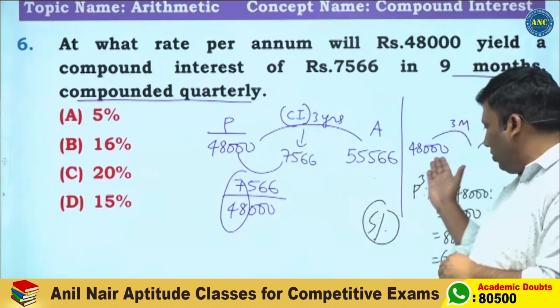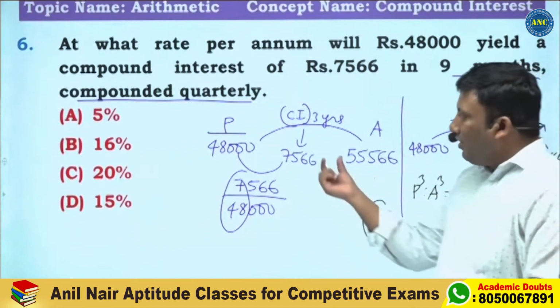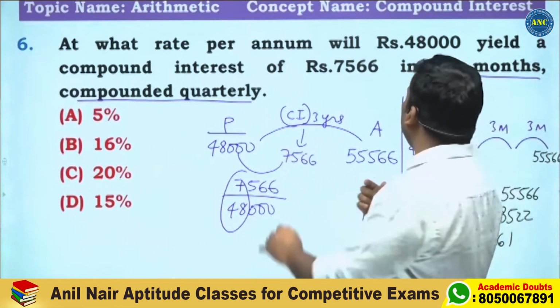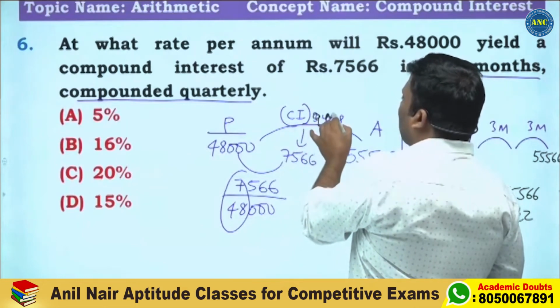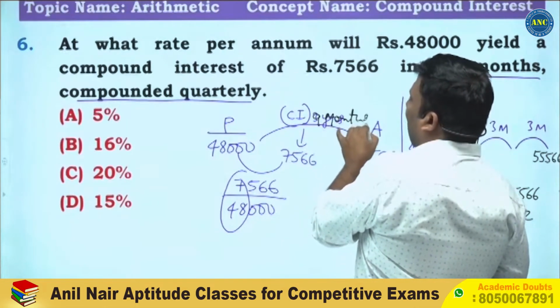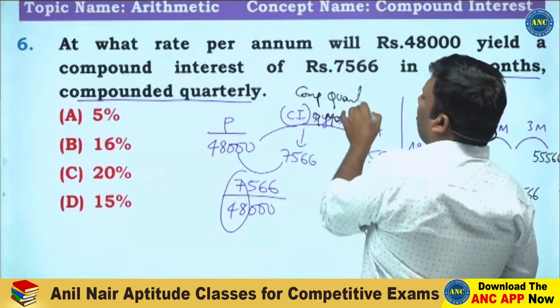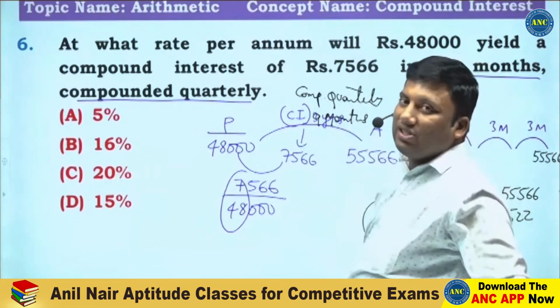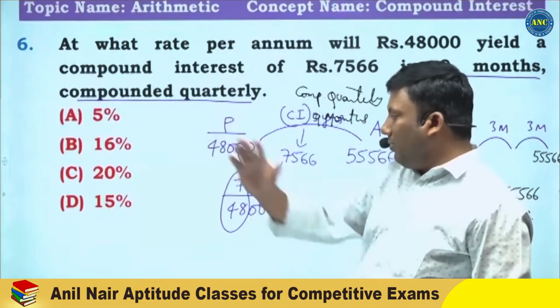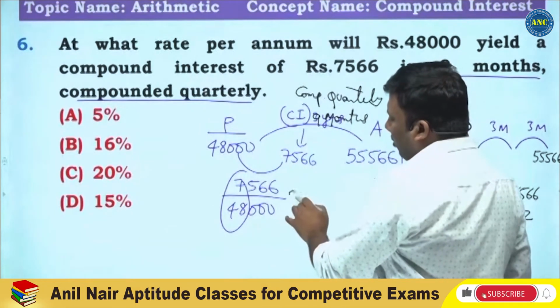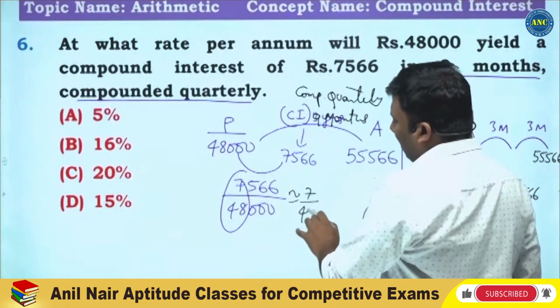Ideally, you should not use this cube and everything. For 3 years, not for 3 years, for 9 months, compounded quarterly. Quarterly, it is 3 months. 3 months, 3 months, 3 months. That means it is closer to 7 by 49.